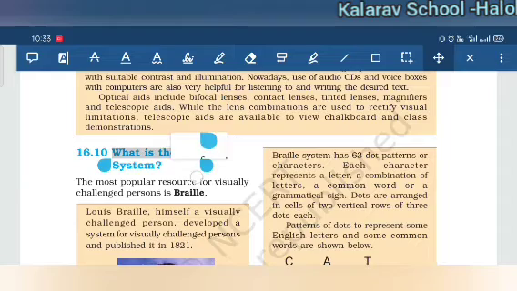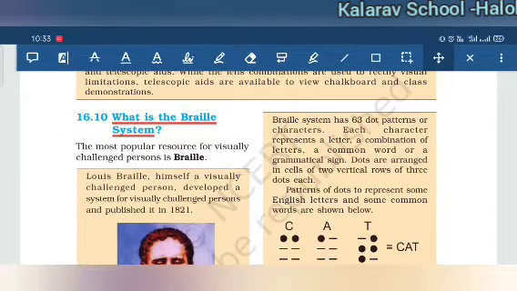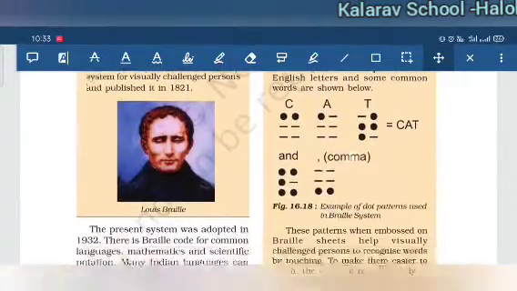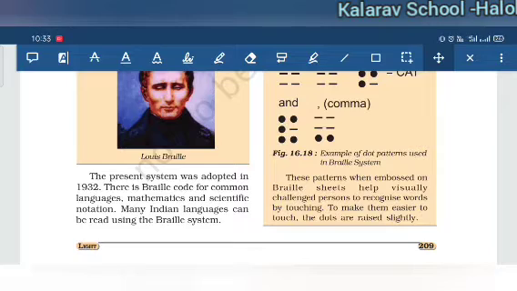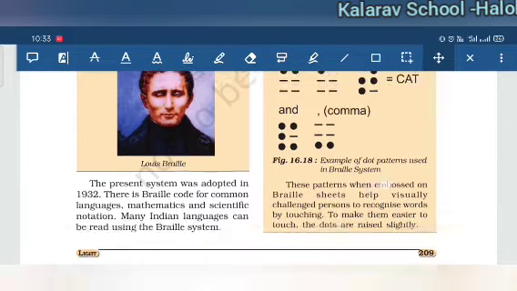What is the Braille system? The most popular resource for visually challenged persons is Braille. Louis Braille, himself a visually challenged person, developed a system for visually challenged persons. Braille code is used for common language, mathematics and scientific notations. Many Indian languages can be read using the Braille system.